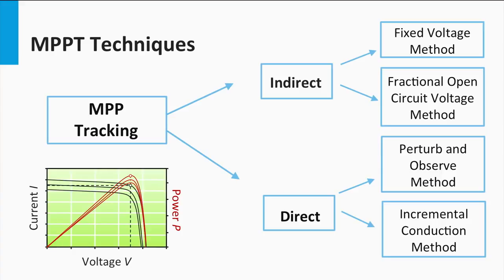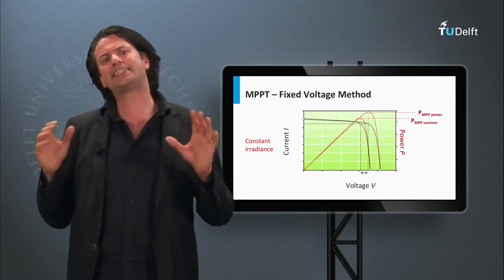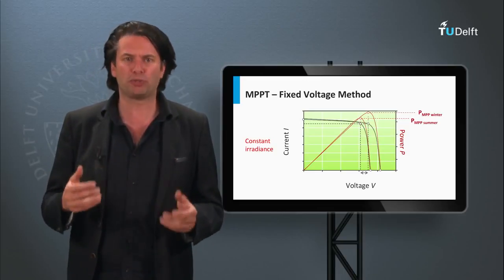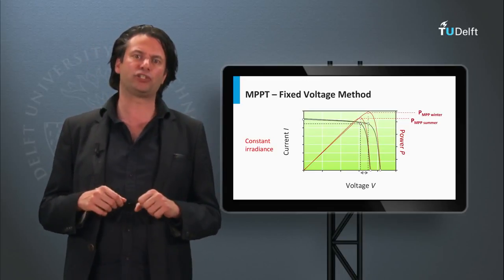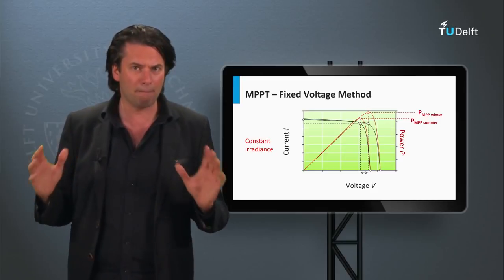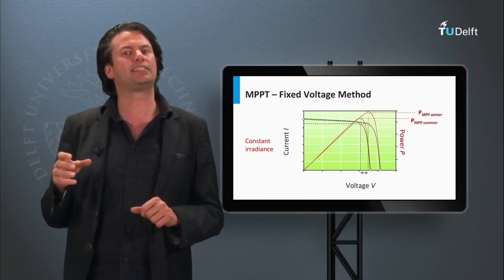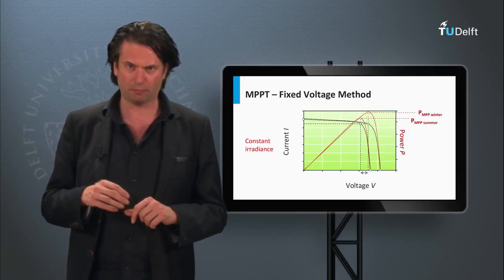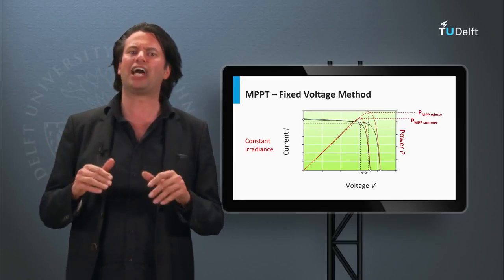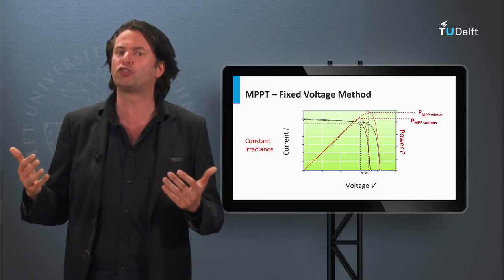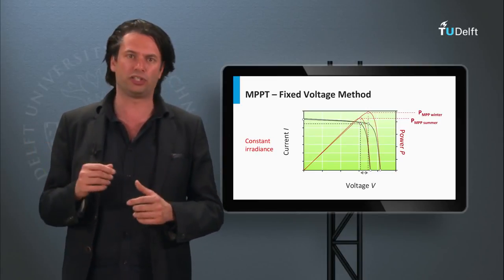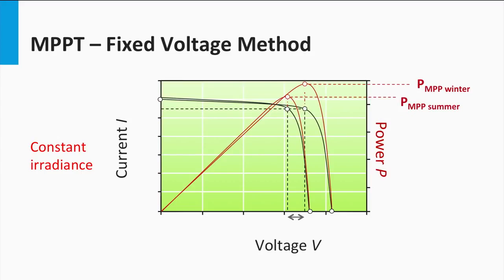Let's talk about the indirect MPPT tracking first. In this kind of tracking, simple assumptions and periodic estimations of the MPP are made with easy measurements. An example from practice is the fixed voltage method. This technique is based on adjusting the operating voltage of the solar module only on a seasonal basis.